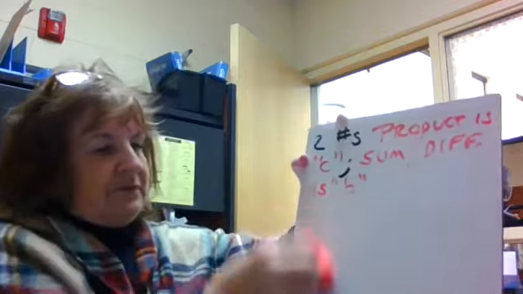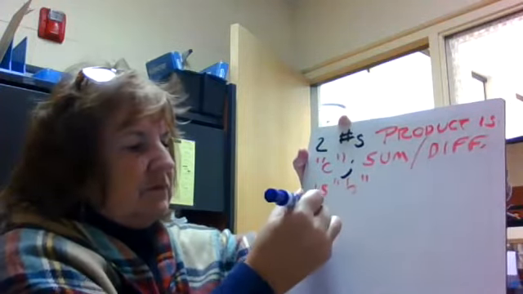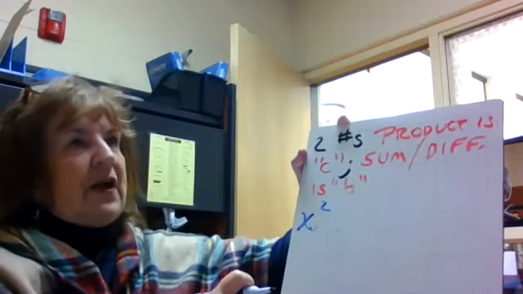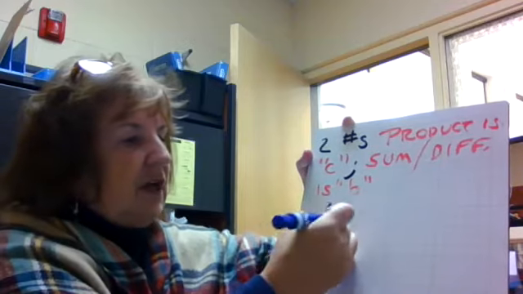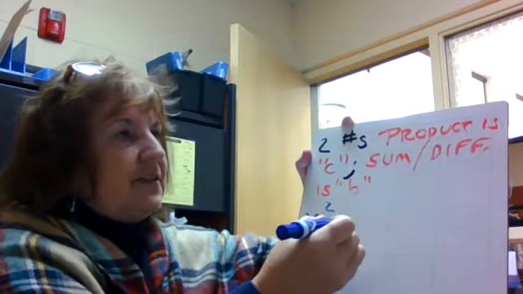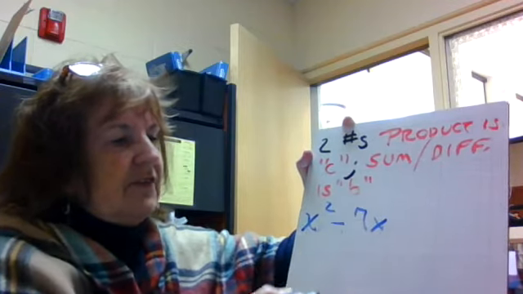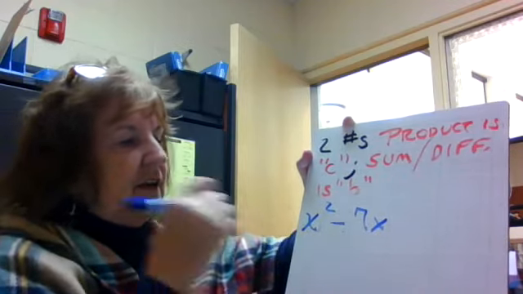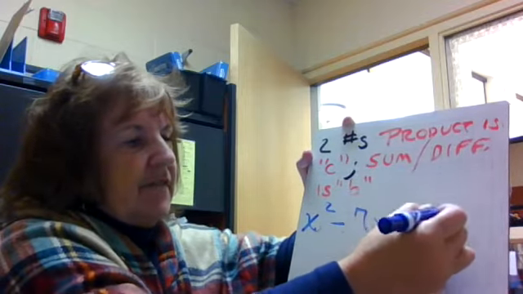One more. Let's go x squared minus 7x minus 30.